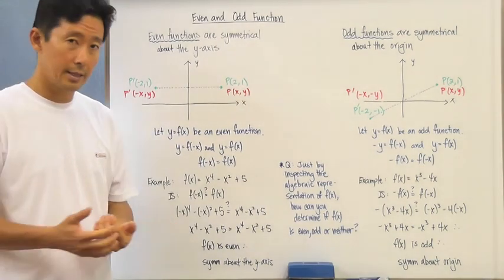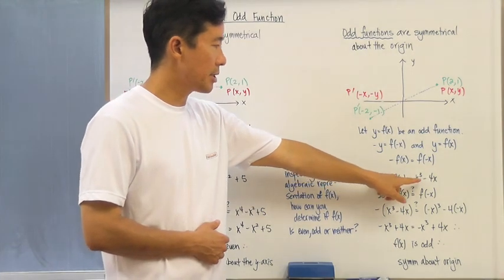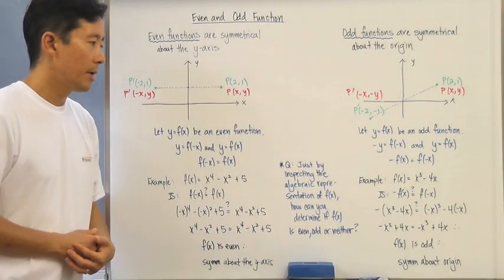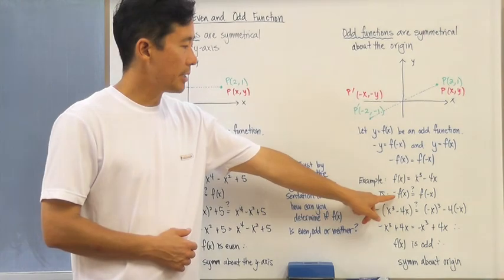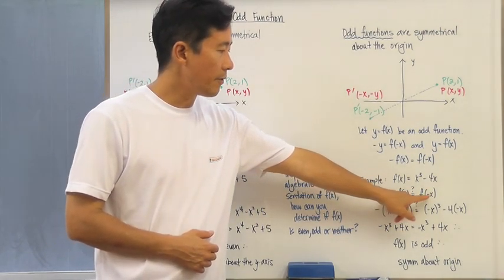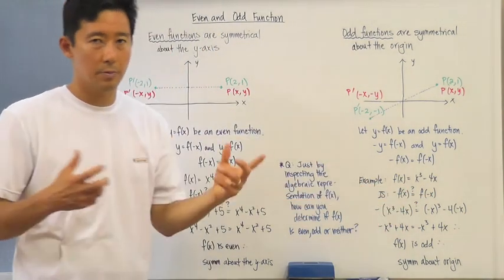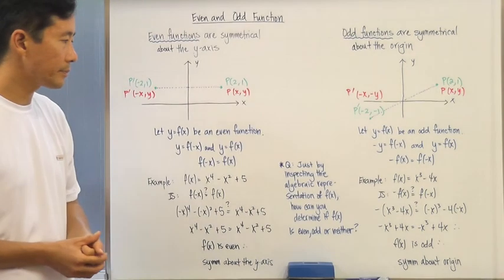So let's take a look at an example. If our function is x cubed minus 4x, we want to ask: is the opposite of f of x equal to f of the opposite of x? Notice that we're questioning this because we're not exactly sure at this point.